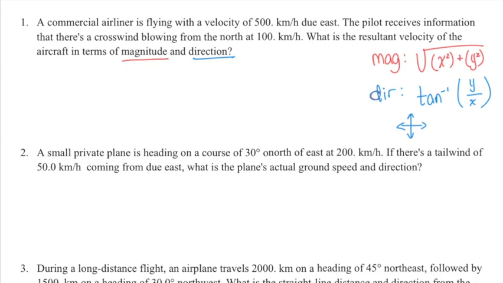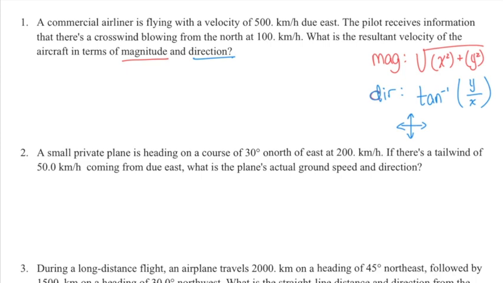You want to give the directions to them in the way they gave you the directions. If they said north of east, your direction should give me two different directions, one of the other, right? So if they said a bearing of, that is due north going clockwise, you should give your answer to me in a bearing, all right?